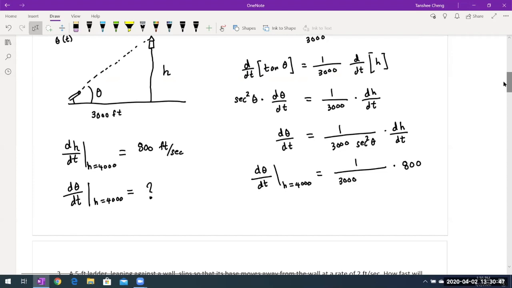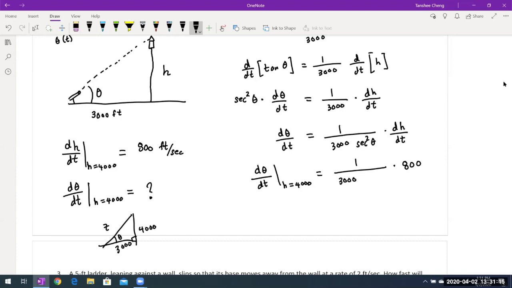Now I have a fixed proportion: this is 3,000 and this is 4,000, because we are talking about a particular height at this point. And we need to know what is my z at this point, the hypotenuse, so that I can talk about this angle θ in terms of the ratio of the right triangle.